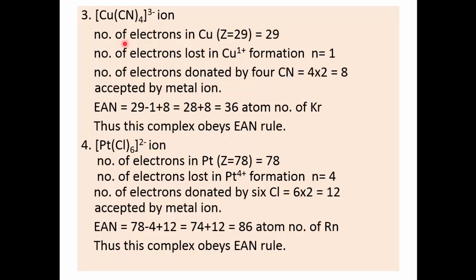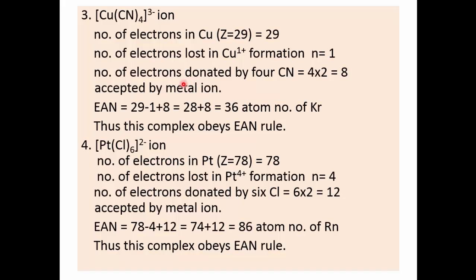Next complex, [Cu(CN)4]3-. Here see on square bracket there is 3 minus charge. There are 4 cyanide ions, that means minus 4. So for this 3 minus, copper must carry plus 1 charge. Now say atomic number of copper is 29, and therefore the value of Z is 29. For formation of Cu+, copper must lose 1 electron, therefore N is equal to 1.